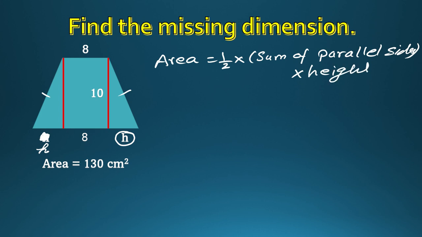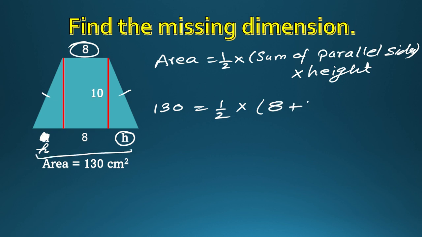So the area is given, 130 is equal to half times the sum of the parallel sides. The upper side is 8, plus the lower side, which is divided into 3 parts, so 8 plus h, times the height, which is 10. Now you can see here 10 is up and 2 is down, so it can be divisible. 10 divided by 2 will be 5.